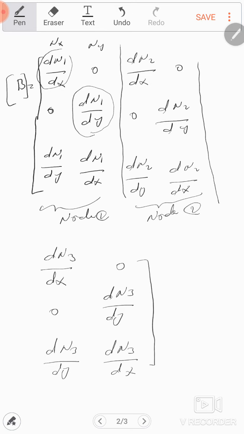I can give you the final result of the derivations, but go to the shape function and recheck and follow the derivation step by step, and you will get these values that I will write now.